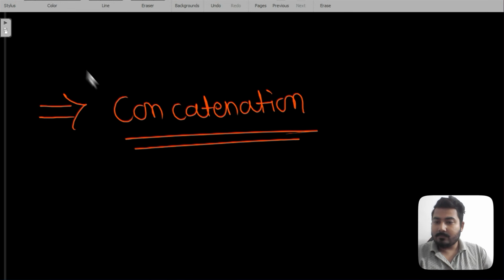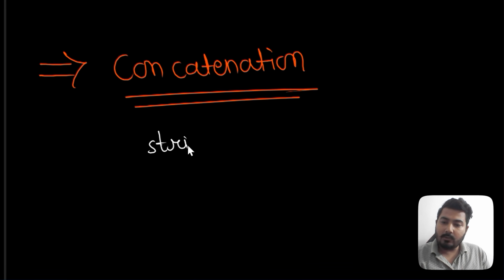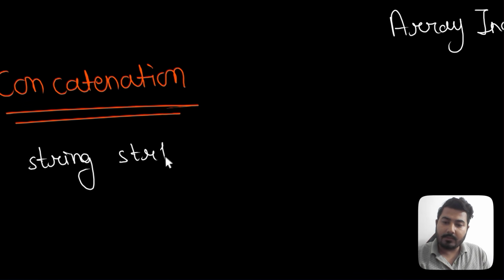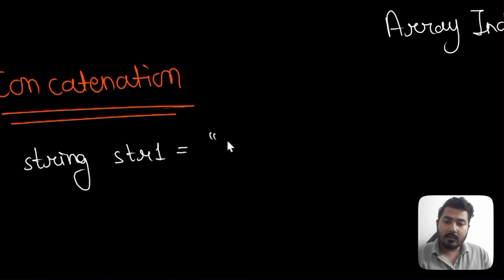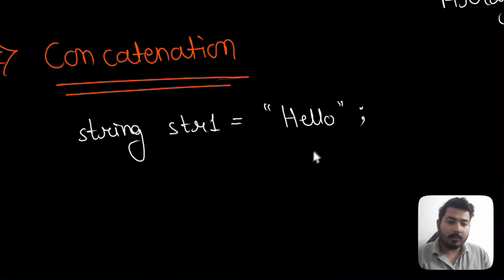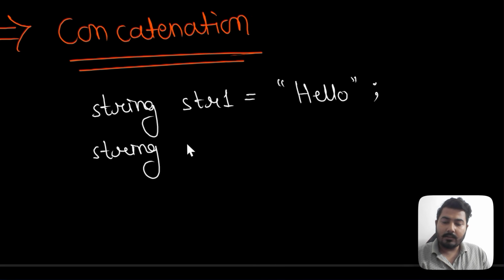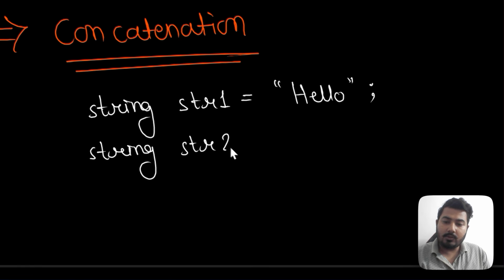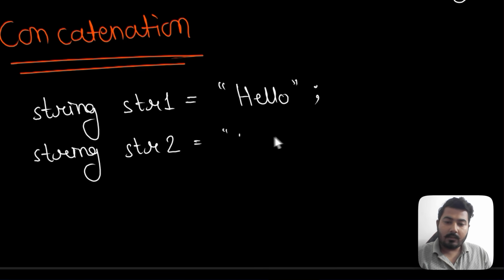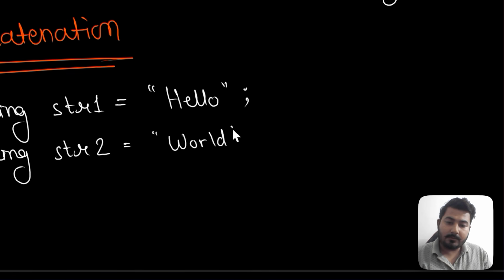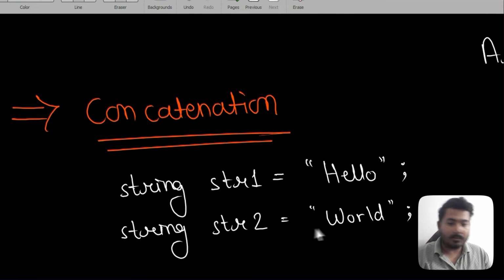In string, you can define two separate strings. First of all, let's say str1 is equal to hello, semicolon, close. Let's say you have defined another string str2, and there you have defined world, semicolon, close.